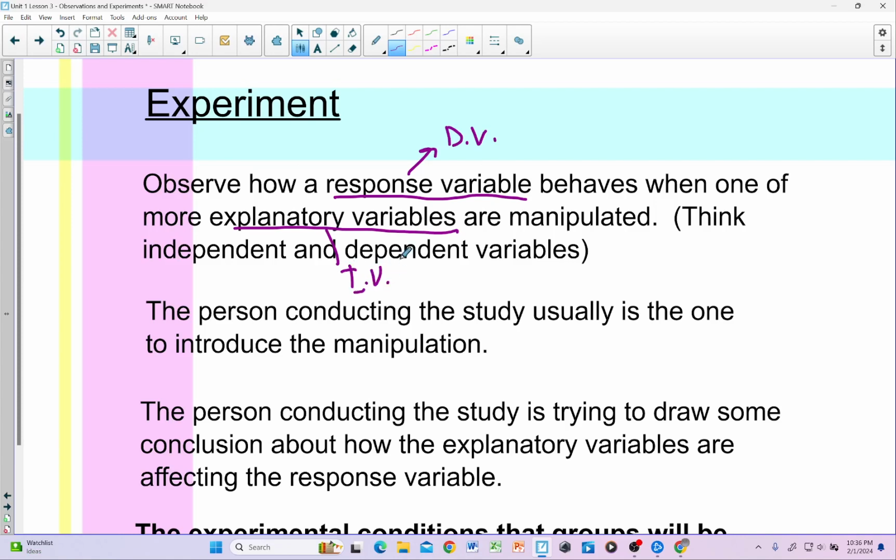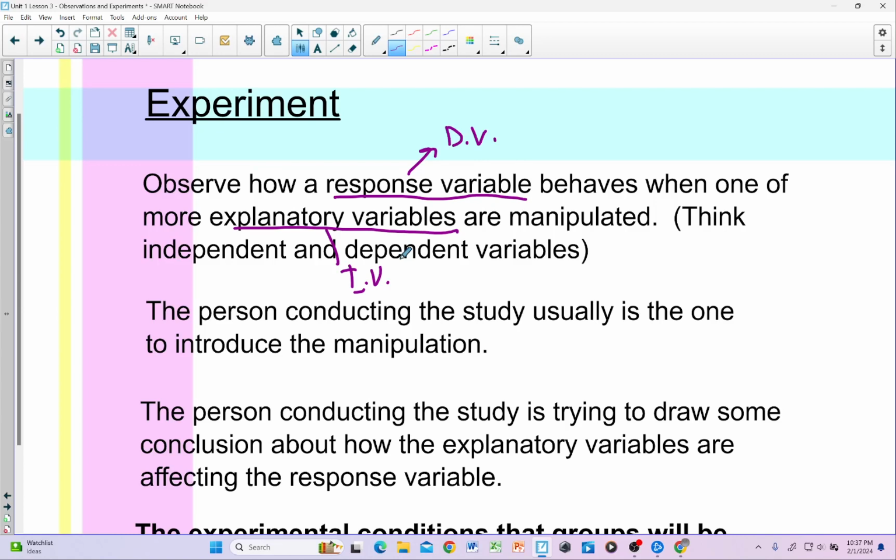So why do we give them different names though? Why not just call them independent and dependent variable? The reason is because if we called it a dependent variable, it puts forth the assumption or the inclination that it is dependent, that what is happening in the response depends on what you do with the independent explanatory variable.